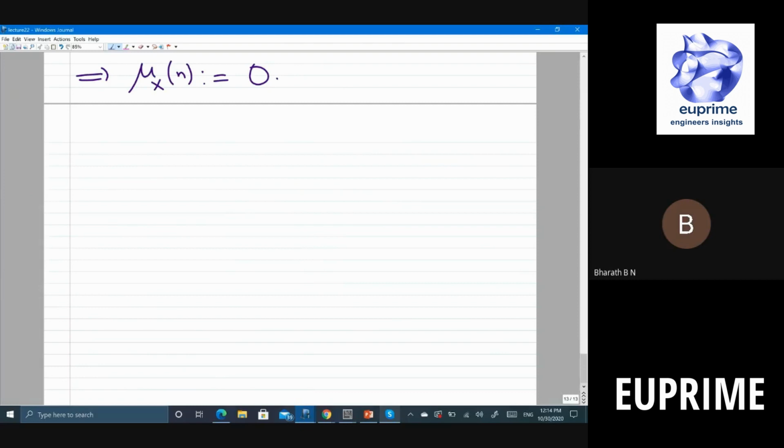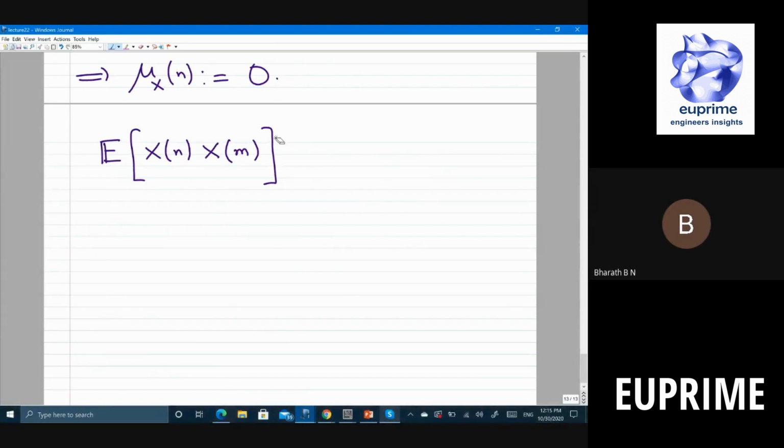What will be the covariance? Let's look at the covariance now: expected value of x of n times x of m. x of 1 times x of 2 is the same as x of 2 times x of 1.